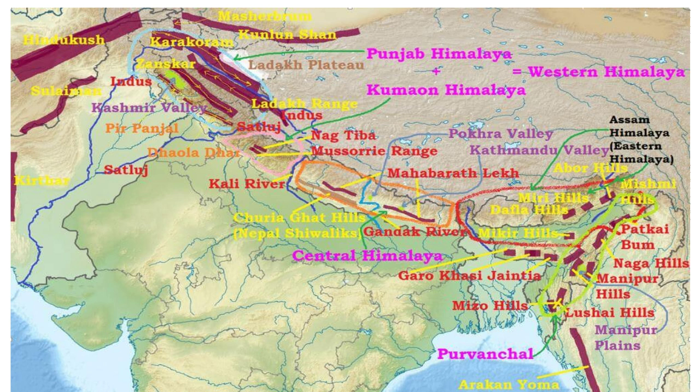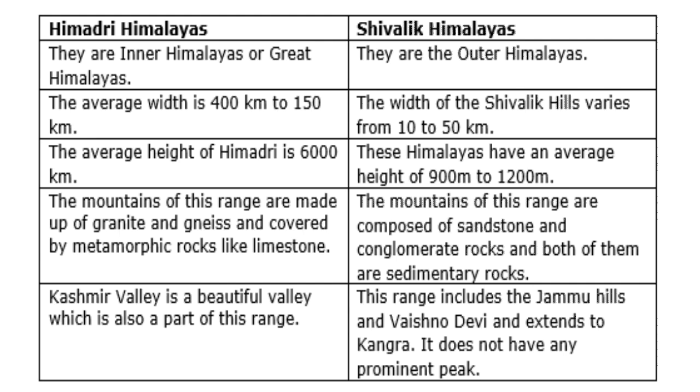Coming to another thing, the outermost range of the Himalayas is called the Shivaliks. They extend over a width of 10 to 50 kilometers and have an altitude varying between 900 and 1100 meters.